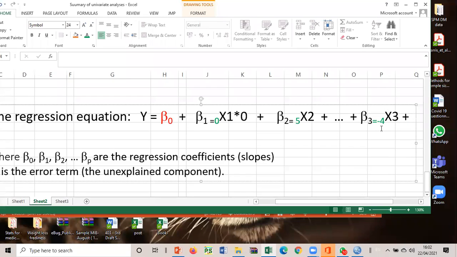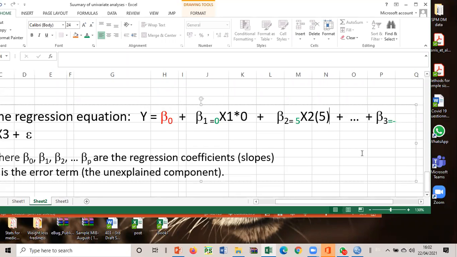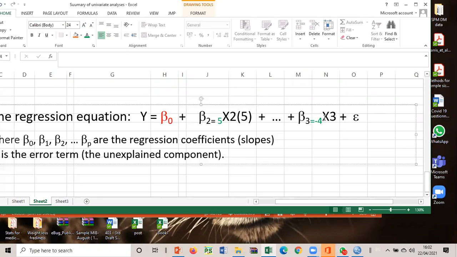When x increases by 1 unit, y is expected to decrease by 4 units, right? So here we times by 5, here this will be taken out, and this will be times by -4.